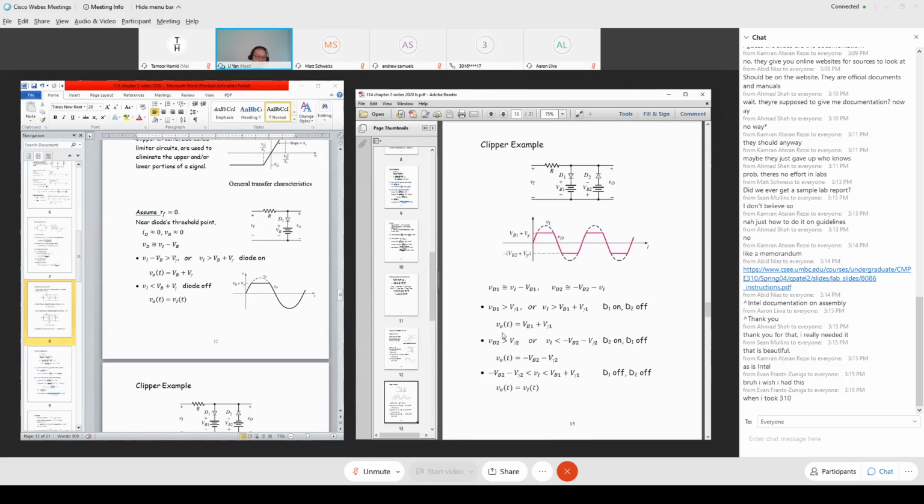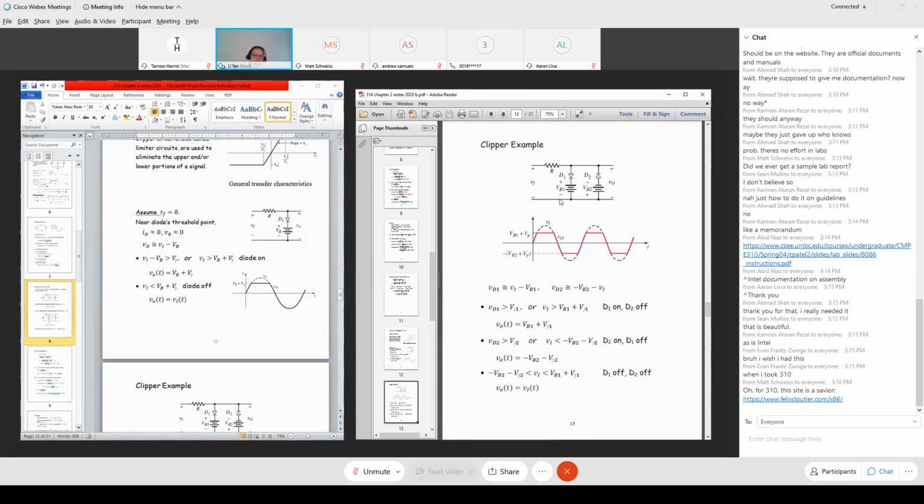Now we turn to the other way. If the input is during its negative cycle, D1 is reverse biased. On the other hand, D2 is forward biased. So D2 is forward biased when VD2 is greater than V gamma 2, and VD2 is given by this expression.